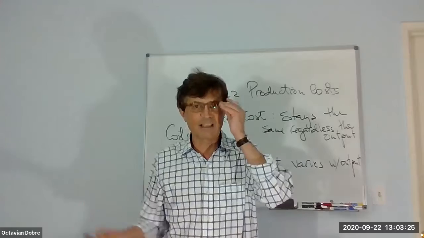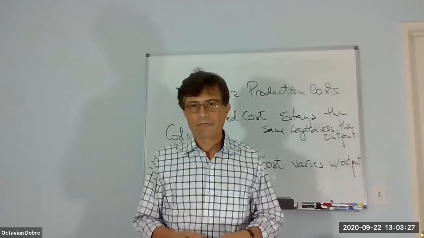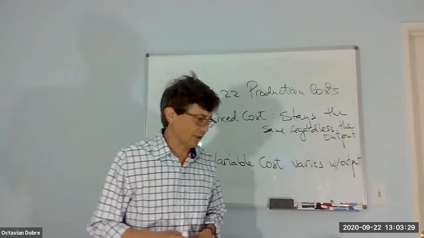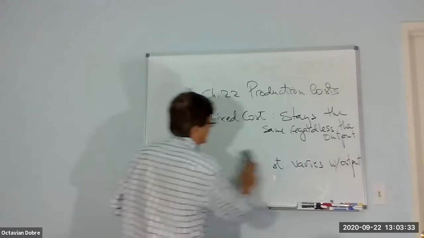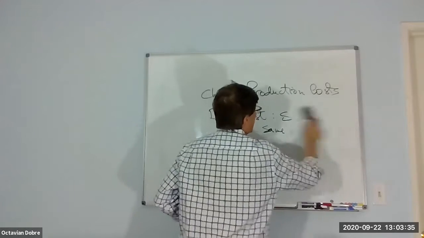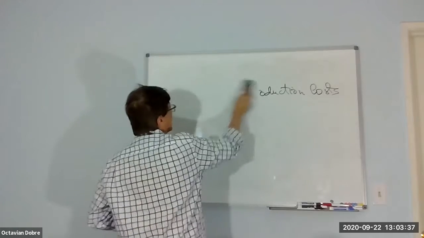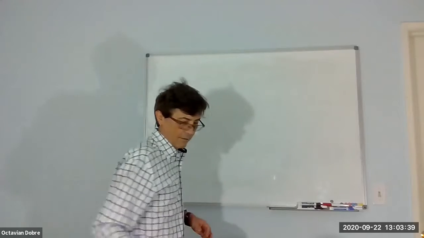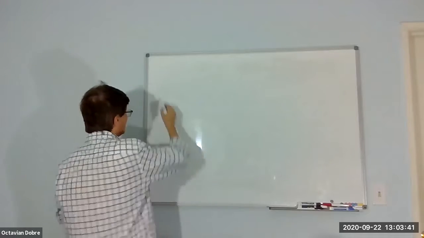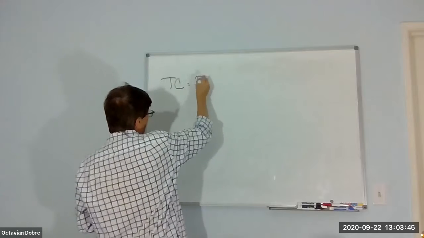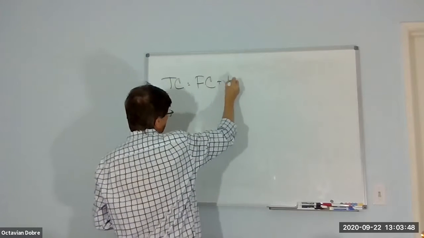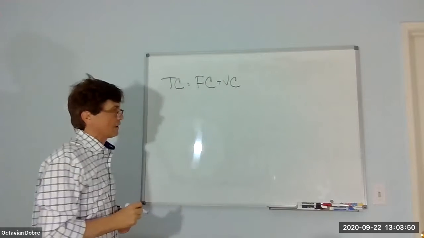So total cost is just the sum of fixed cost plus variable cost. If I were to write a formula, we have that total cost is equal to fixed cost plus variable cost.